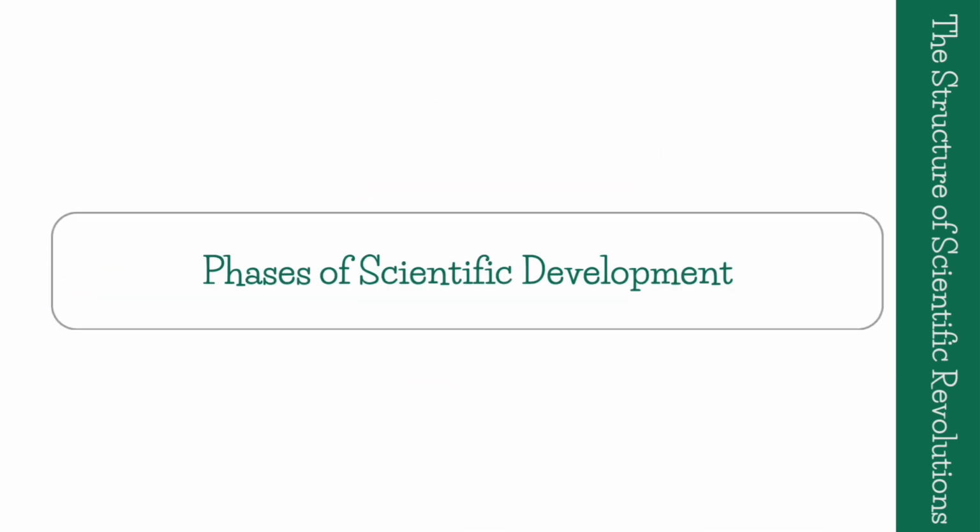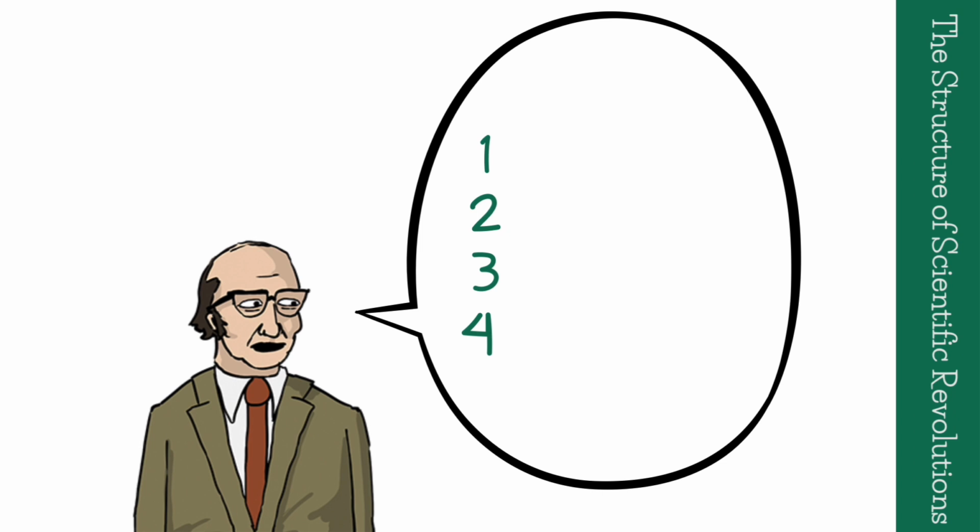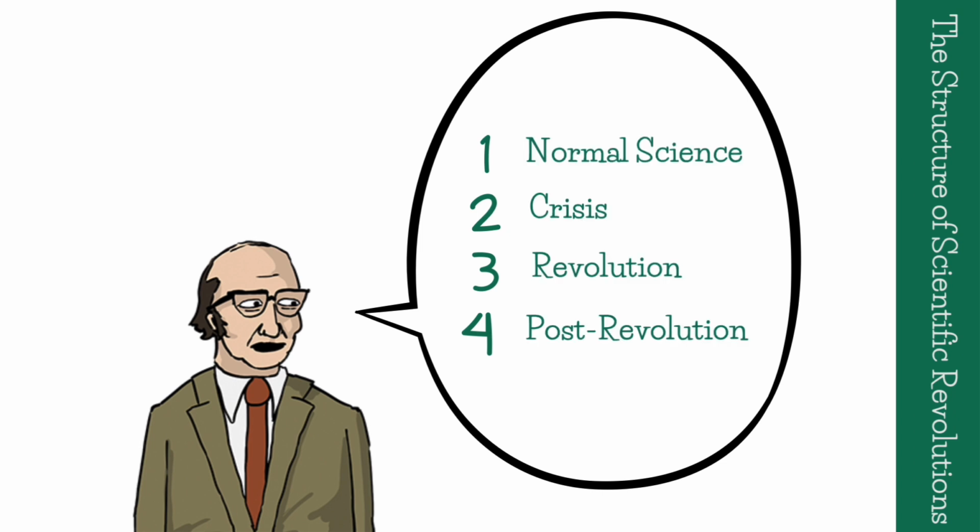So, what are the phases of scientific development? According to Kuhn, the development of science can be broken into distinct phases. There is normal science, where most scientific work occurs within an accepted paradigm. Then we have a crisis that is triggered by accumulating anomalies that the paradigm cannot explain.